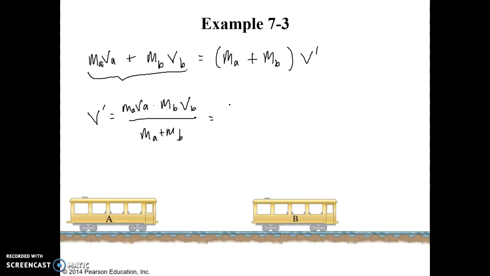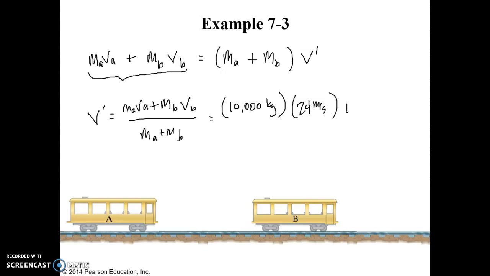So the mass was 10,000 kilograms, and it had a velocity of 24 meters per second. And over here, this should have been a plus, sorry. And m_B v_B: m_B is also 10,000, but the velocity of car B is 0.